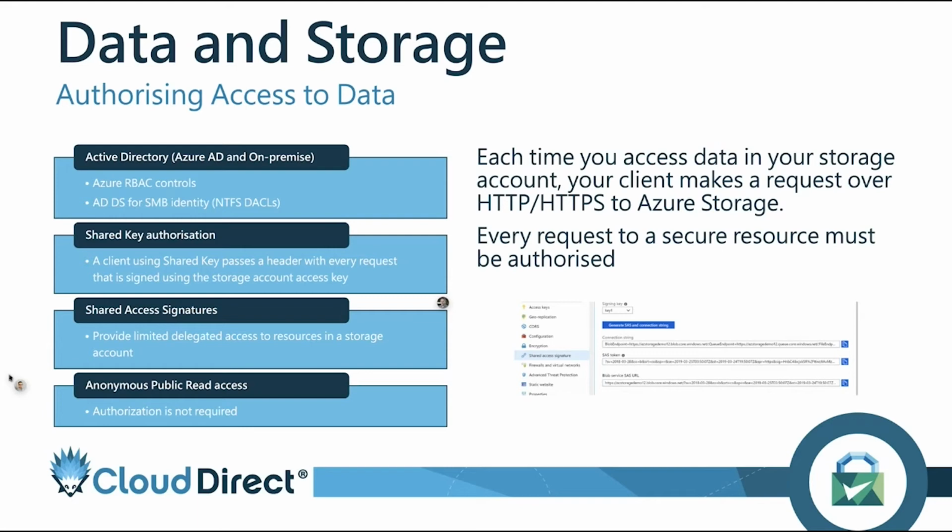Moving on to controlling networks. Network access control is just as important within Azure as it is on premise. The principle of least privilege access applies everywhere, regardless of whether that's on premise or in the cloud.